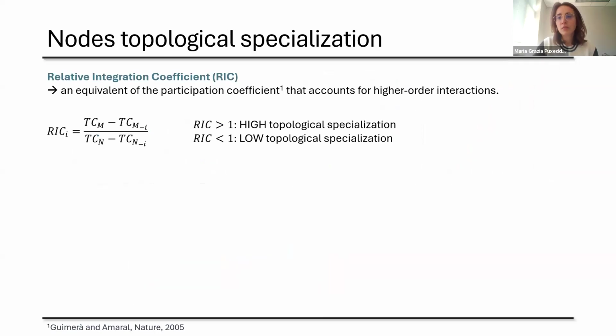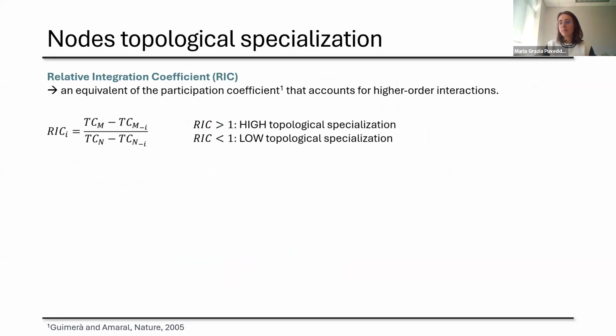We also wanted to characterize these partitions locally. So usually in network science, when we want to characterize the modular structure locally, we use the participation coefficient, which gives you an idea of the diversity of the connections.